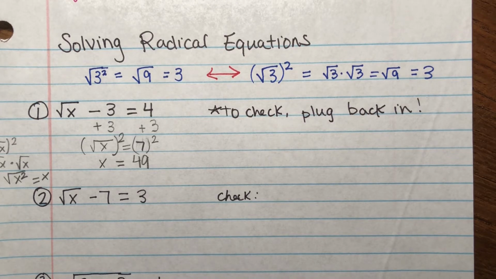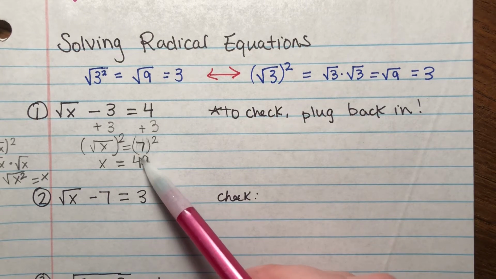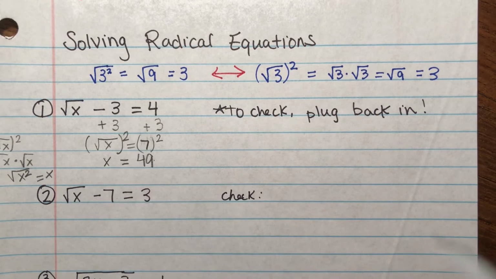Because when you square a radical, you're just going to get whatever is on the inside as your answer. So when you square the radical, you have to do the same to the other side. So you're going to square both sides. That's step 2. And then you just solve the equation like normal. So in this case, this is our answer because that gives us x by itself.